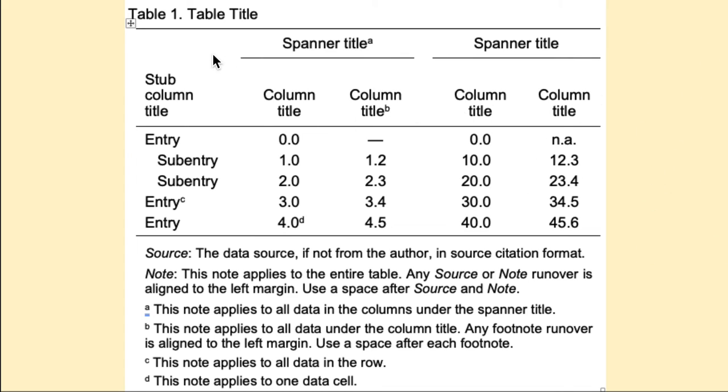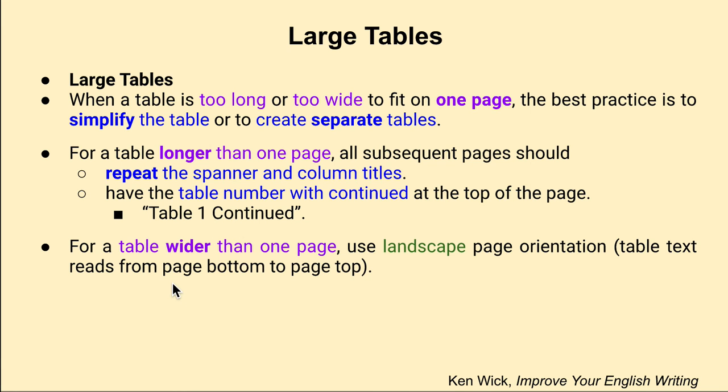Basically, you'd rotate what you see here counterclockwise. This edge here would be at the bottom, and the text runs up the page. So you want to use landscape with the table text running from the bottom of the page to the top.